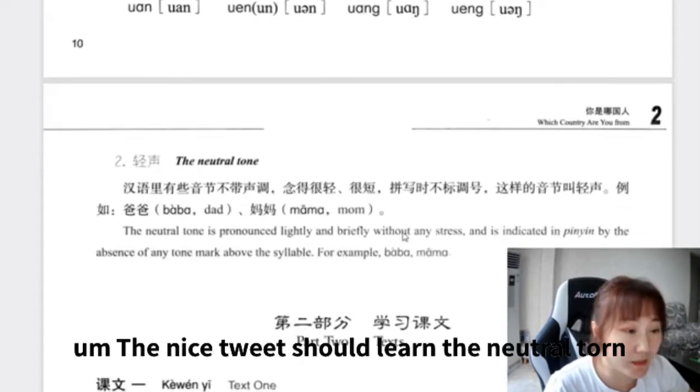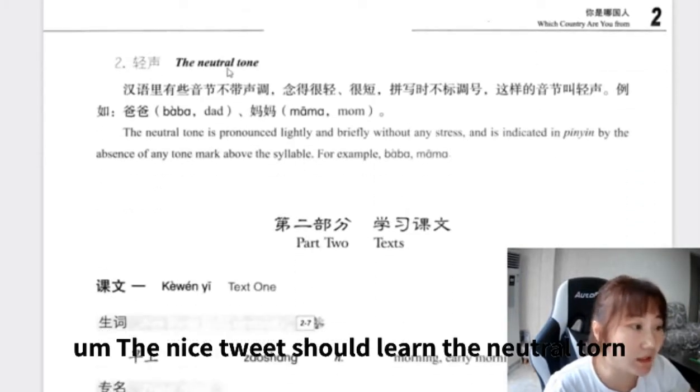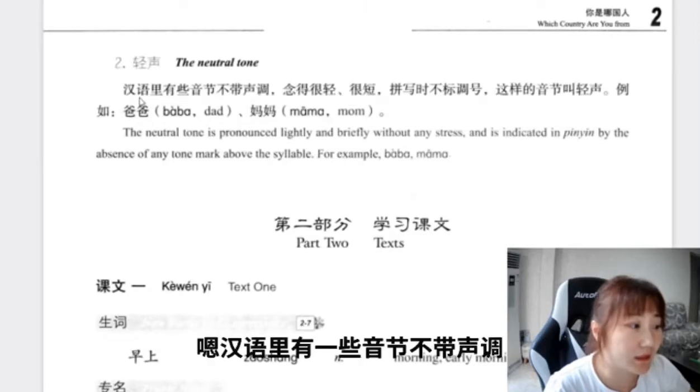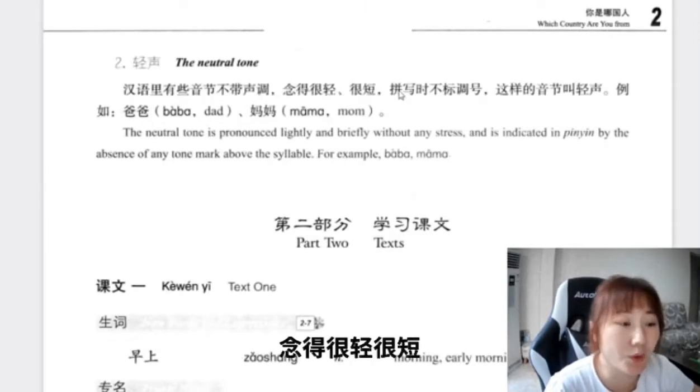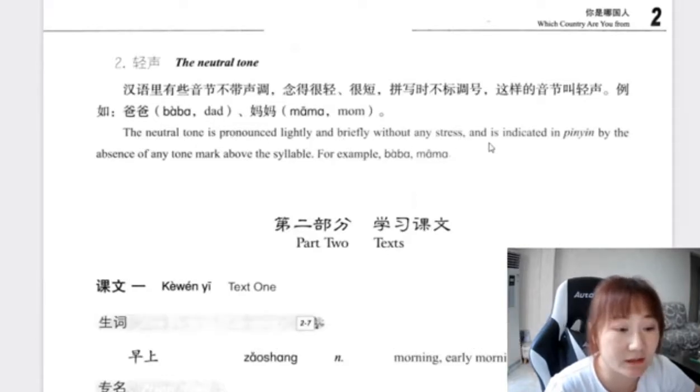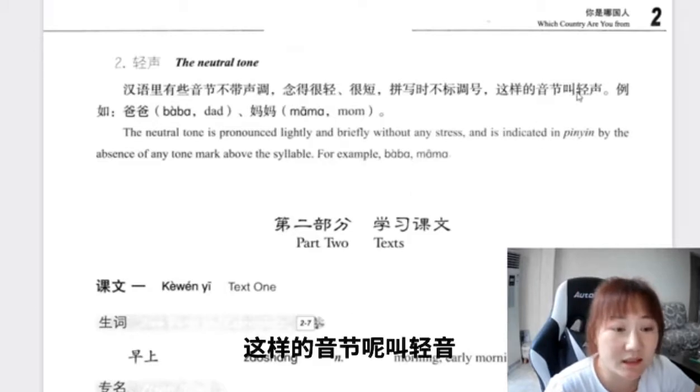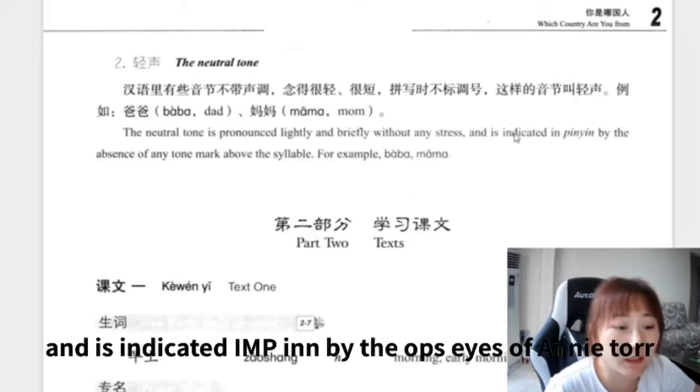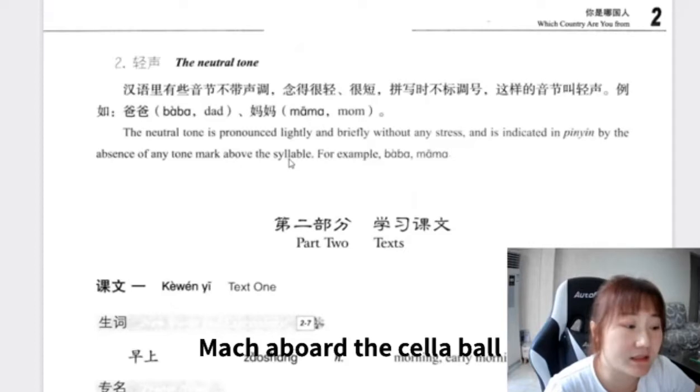The next we should learn the neutral tone. 汉语里有一些音节不带声调,念得很轻很短,拼写时不标调号。The neutral tone is pronounced lightly and briefly without any stress. 这样的音节呢叫轻声, and is indicated in pinyin by the absence of any tone mark above the syllable.